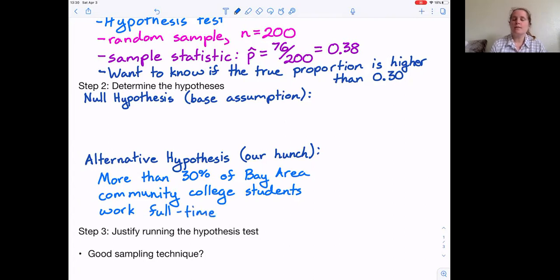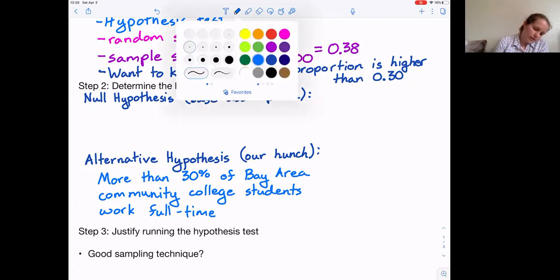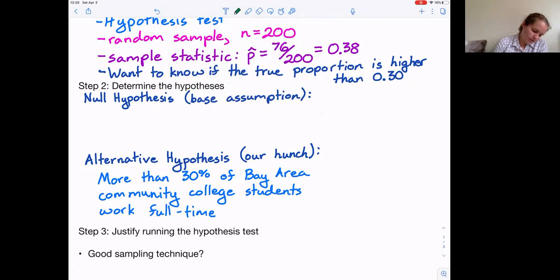Our null hypothesis will be that exact same sentence with equality instead. So to create our null hypothesis, we're just going to switch to equality. So our null hypothesis will simply be that 30% of Bay Area community college students work full-time.